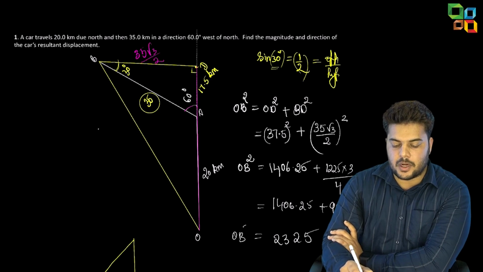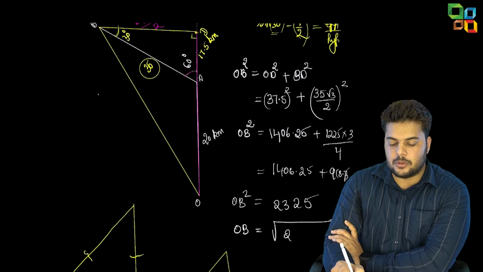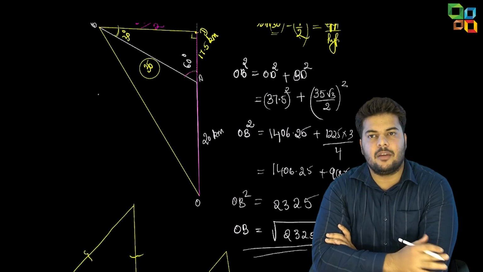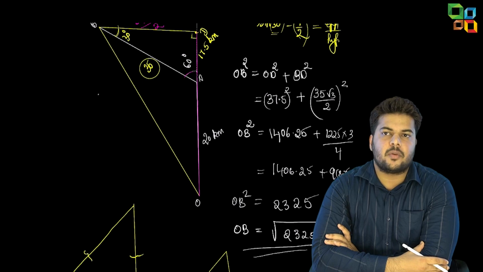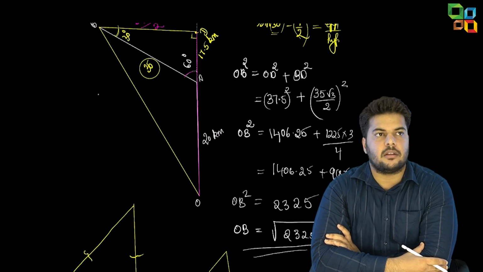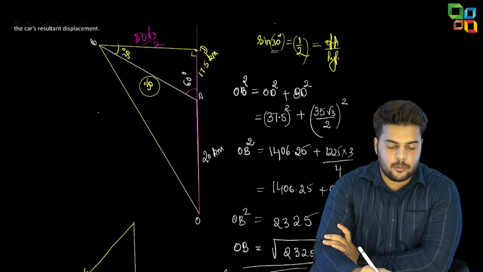This is OB squared. So OB is equal to the square root of 2325. We're not going to do anything better than that. Let's keep it as it is, whatever the square root of 2325 is. It's okay to keep the answers in the radical, square root form. So we found the hypotenuse over here.